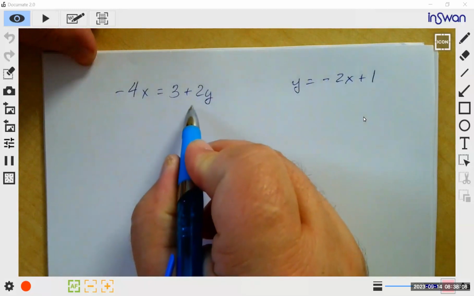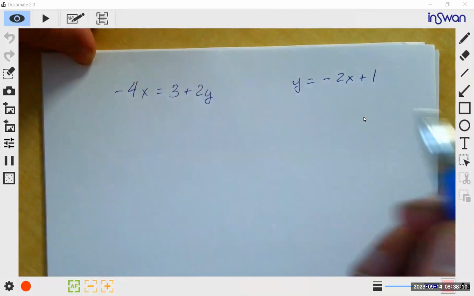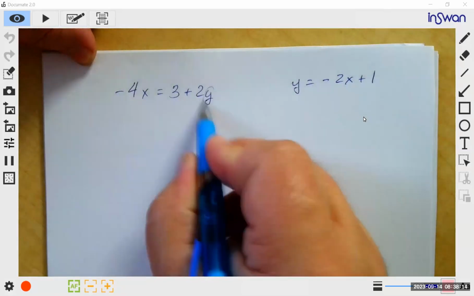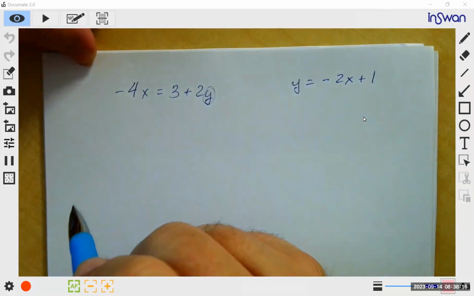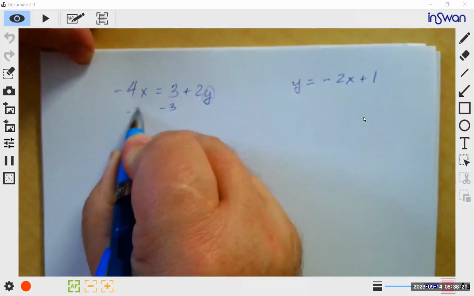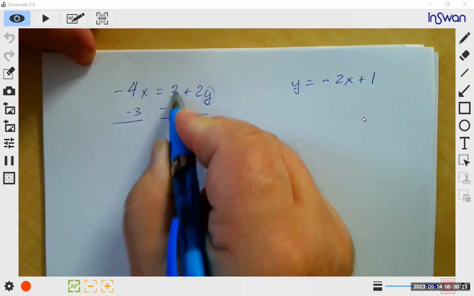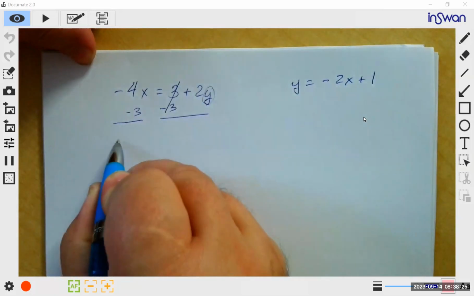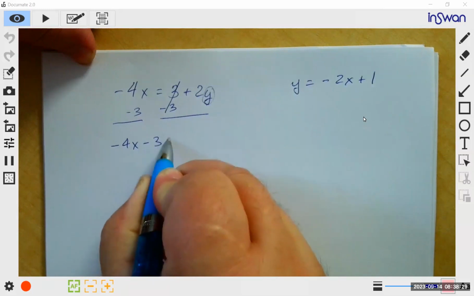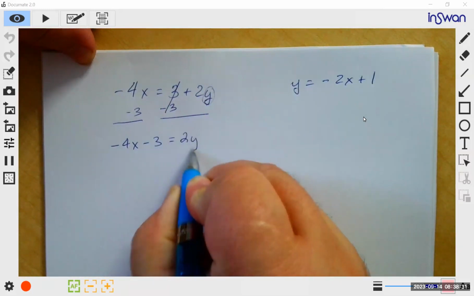So we have to solve for y. So we have to get rid of the 3 first on this side. We're solving for y. Well, get rid of the 3. So we subtract 3 from both sides. We have negative 4x minus 3 equals positive 2y.